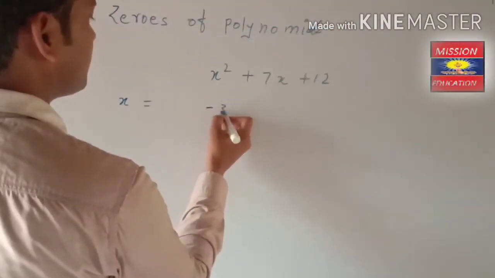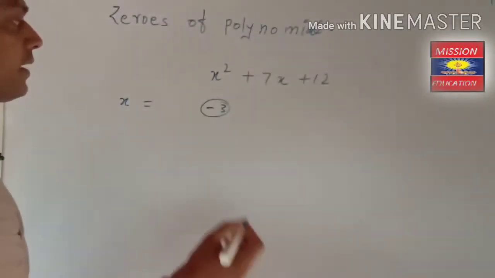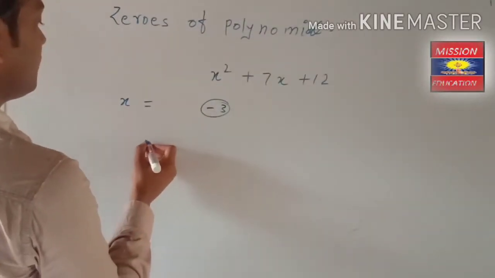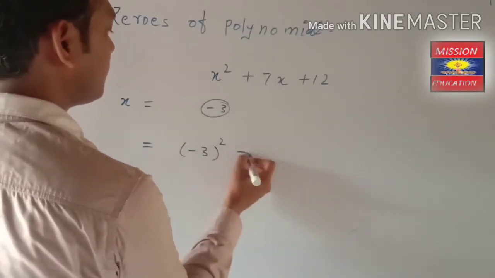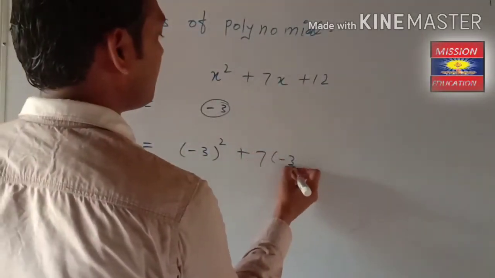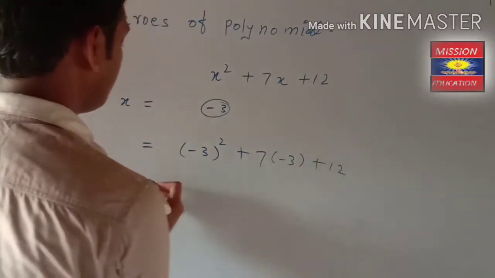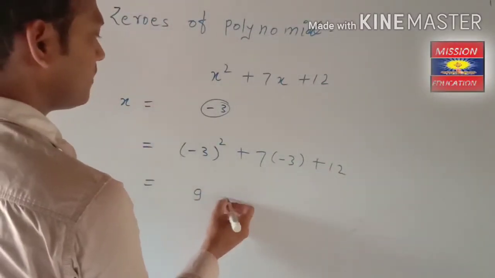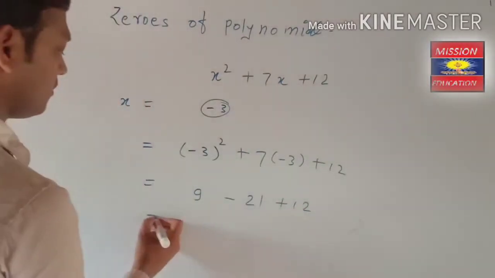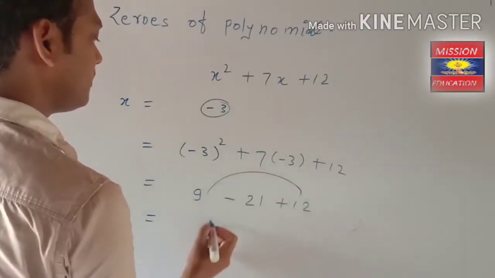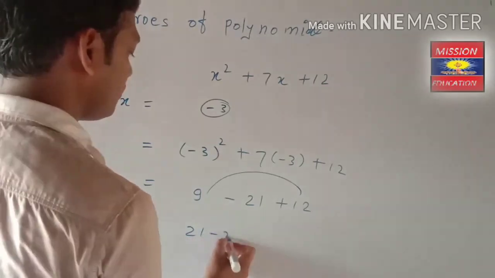Now we put x equal to minus 3. Then we can check here: minus 3 square plus 7 times minus 3 plus 12. That is 9, minus 21 plus 12, 12 plus 9 is 21, and 21.